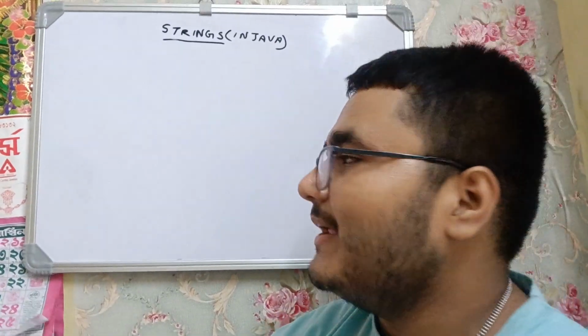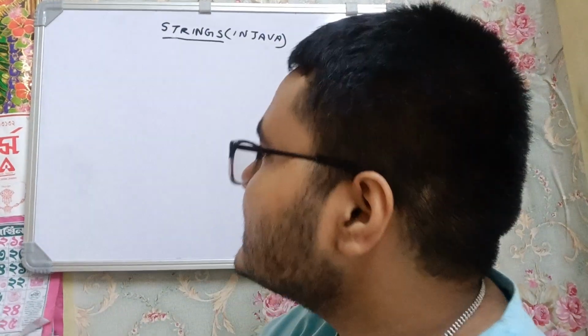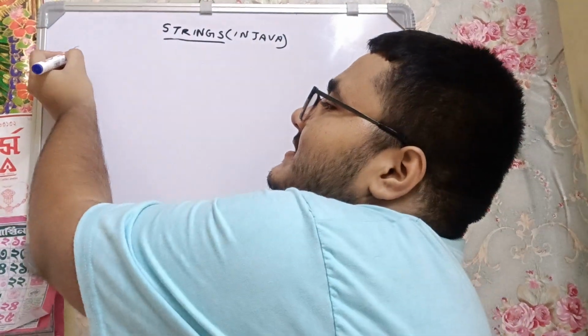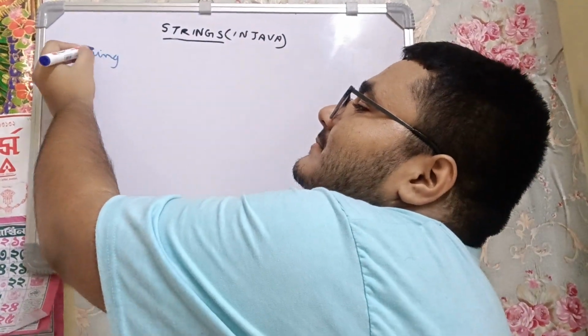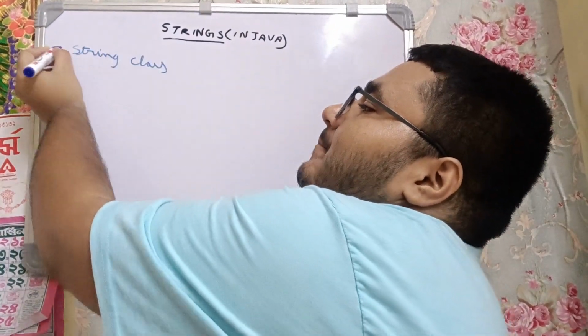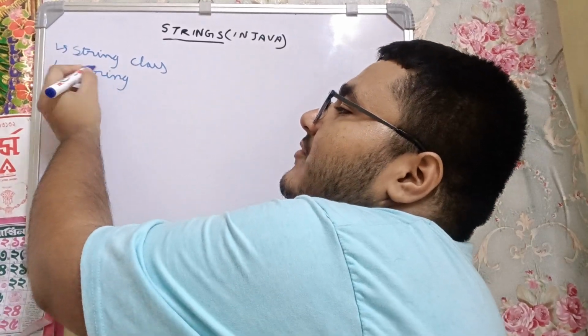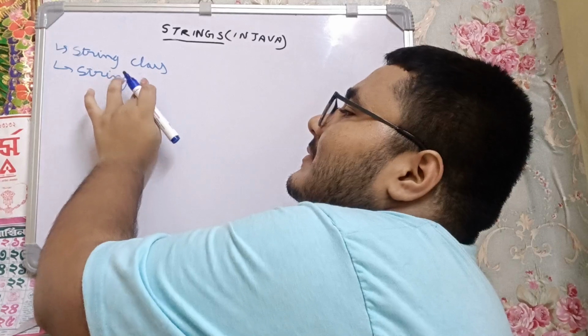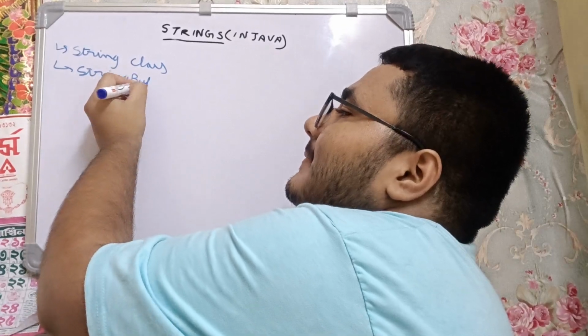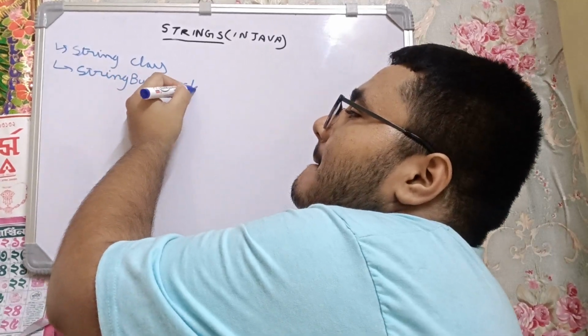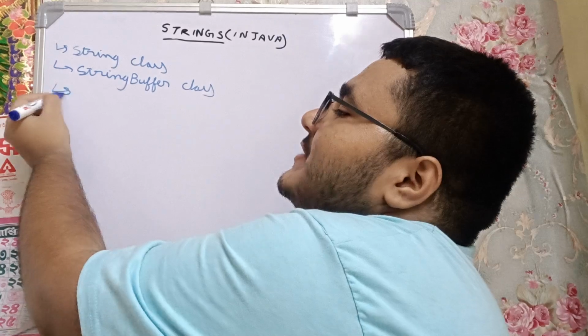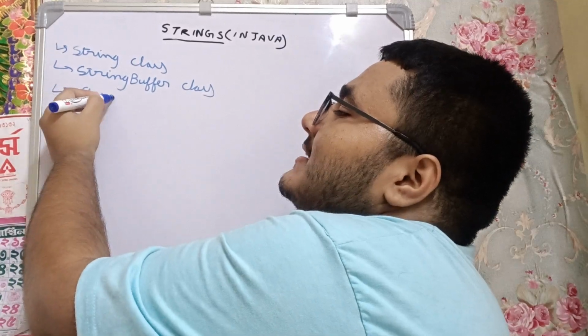When we are dealing with strings, we will be dealing with mainly three classes. First, the string class, essentially the string class. Then we will have the StringBuffer class, and the StringTokenizer class.